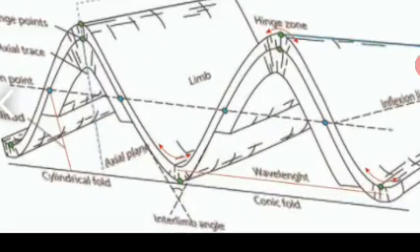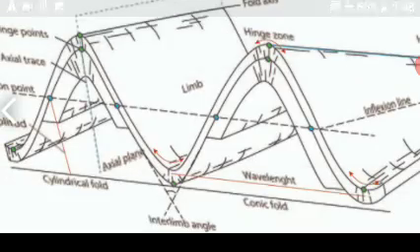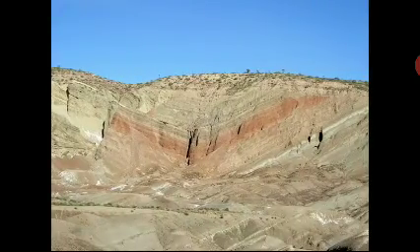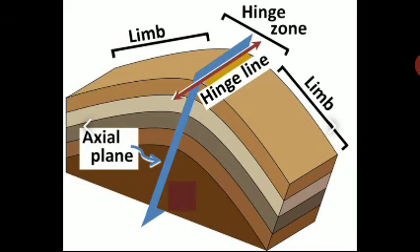So this is one thing, and second, you can see here one anticline fold. You can see these folds look like A.